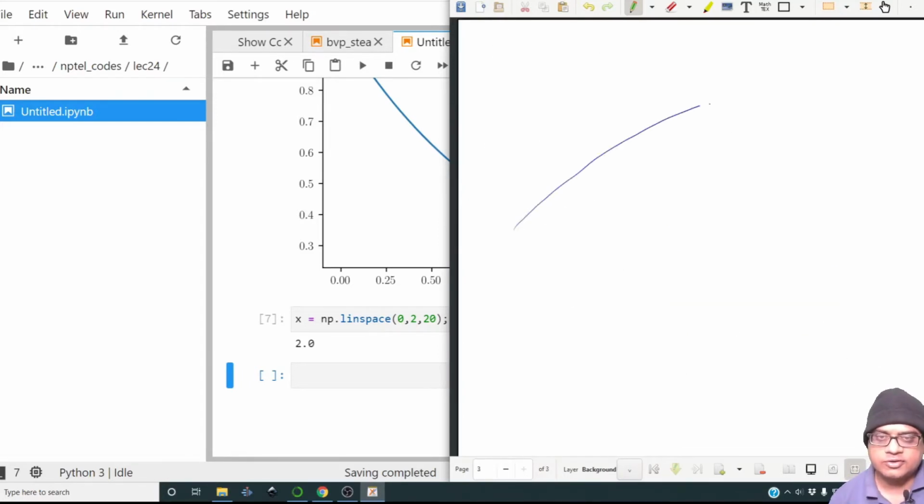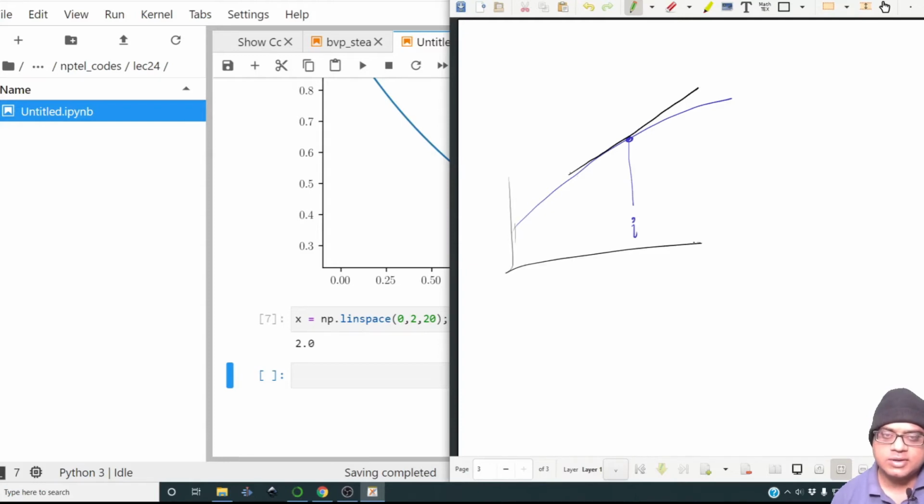that if this is a function, and this is one point i, and I want to approximate the slope at this point, I can discretize the grid over which it is defined. So this is i, this is i plus 1, this is i minus 1.